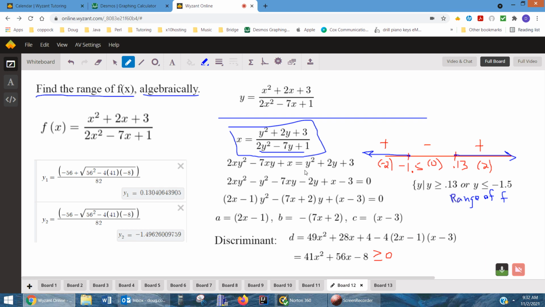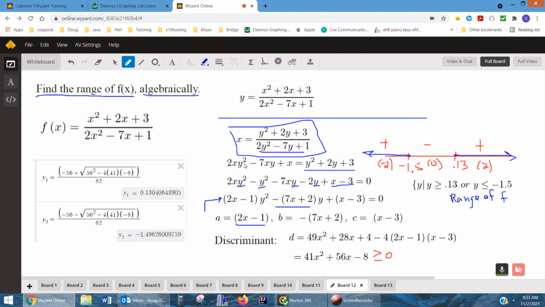I'm going to subtract all these terms, move that transpose to the left side, and here are the terms with y squared, here are the terms with the y, and here's what we call the constant term. So in effect, this is a quadratic equation in terms of y. So a is the 2x minus 1, b is the coefficient of y, c is the constant term.